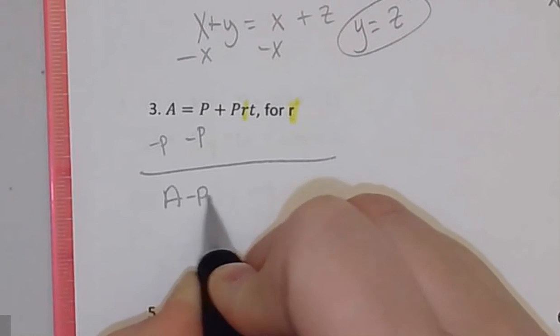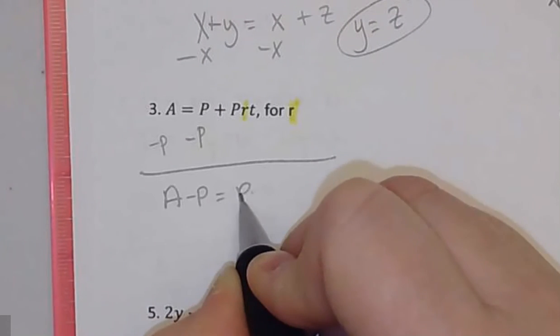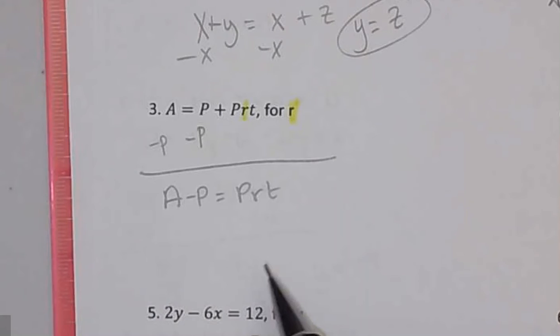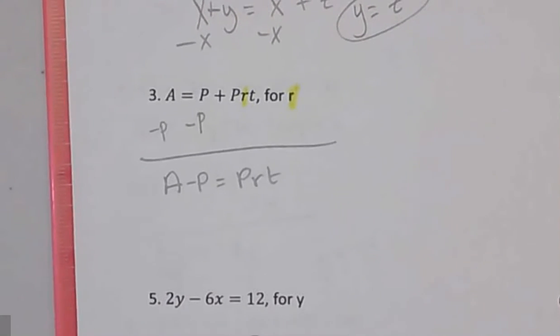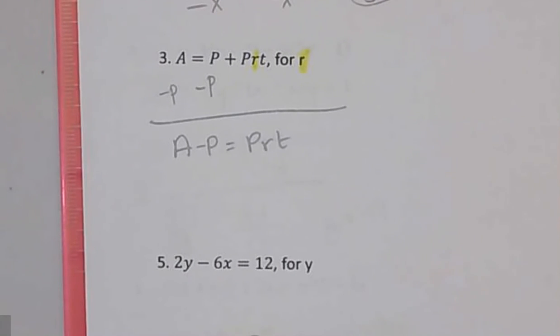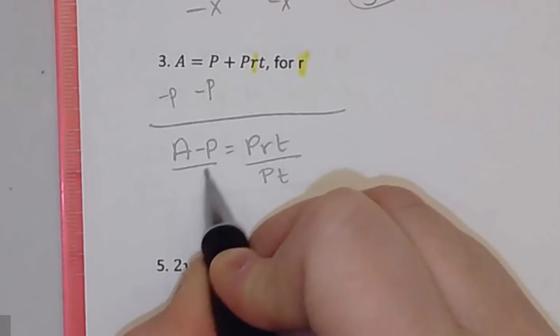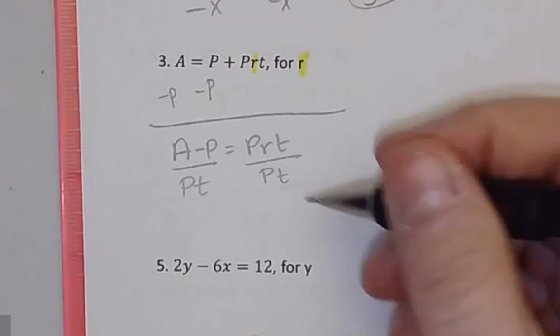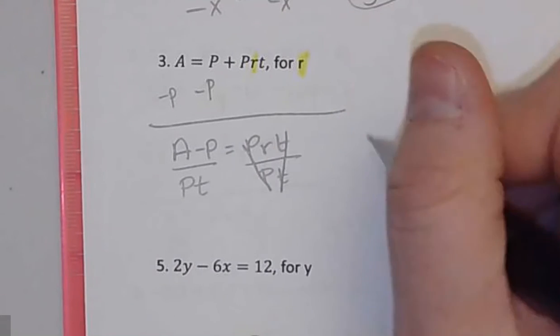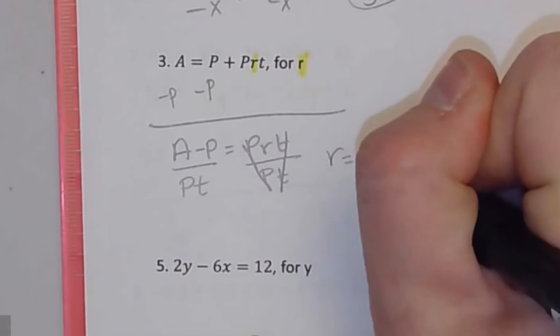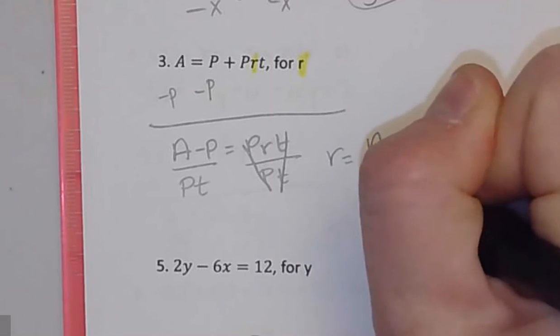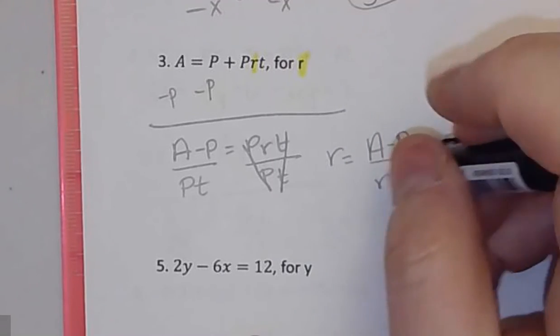A minus p equals PRT. In order to get r by itself, I need to divide by p and t. So divide by pt, divide by pt, cancels out. R equals a minus p divided by pt.